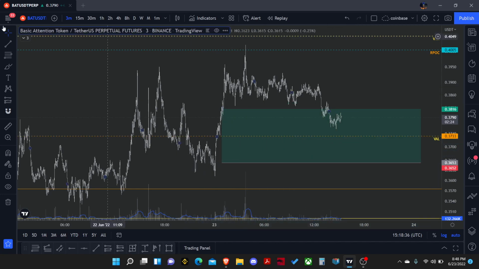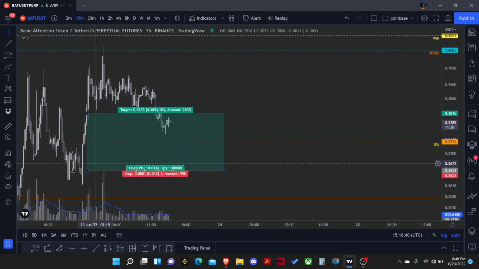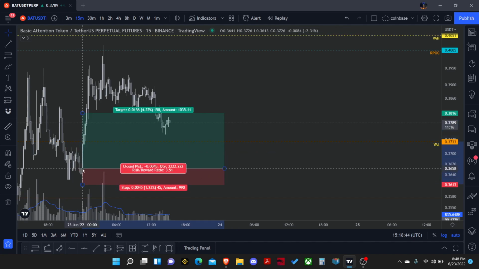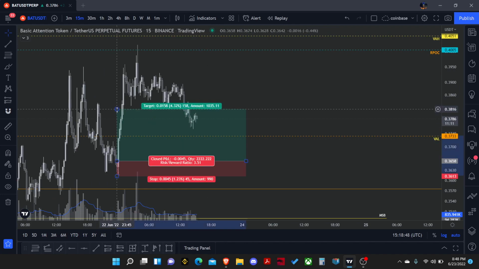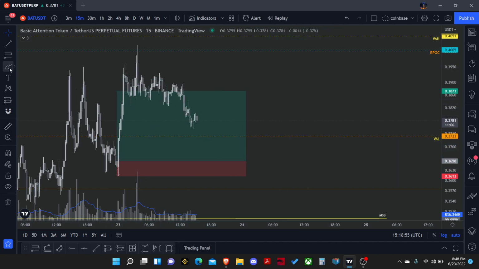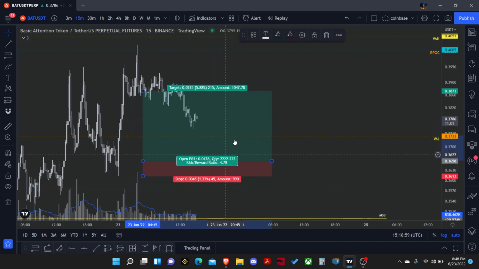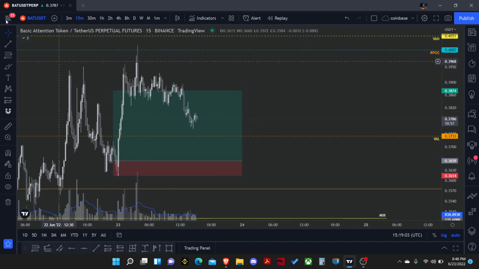Here you have some order blocks or something like that. So if you are planning an entry when price comes down to here and you want to exit at the VAL, you're waiting for the price to get down into your entry. And if you want to move this without moving your entry.